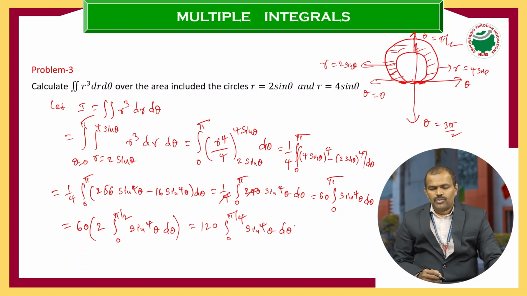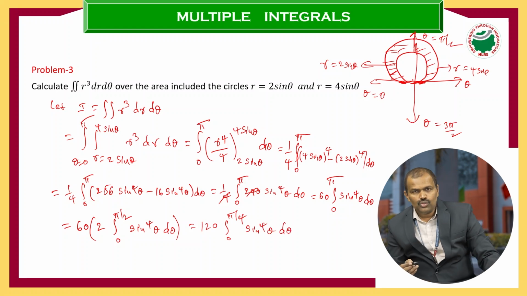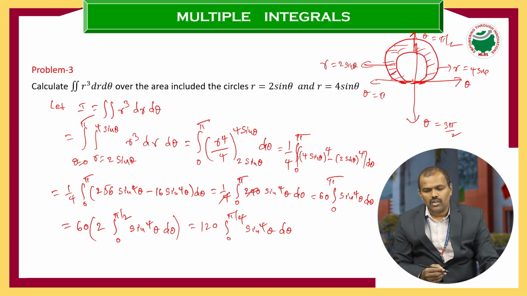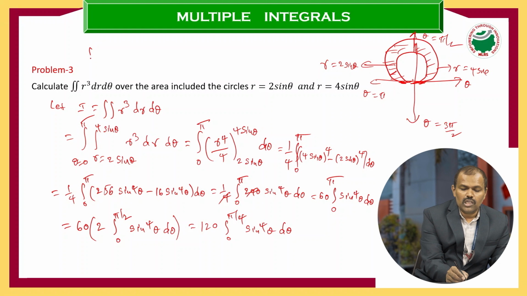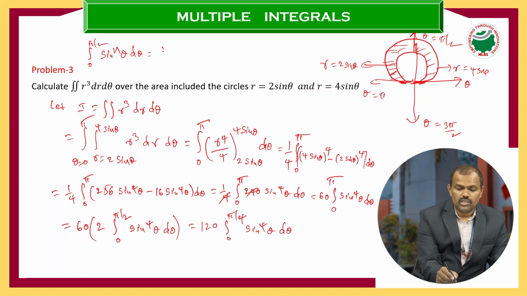Right, here there is a formula which will give the answer for sin power n theta, particularly in the limits 0 to pi by 2. The integral 0 to pi by 2 of sin power n theta d theta is equal to n minus 1 by n into n minus 3 by n minus 2 into n minus 5 by n minus 4 and so on.